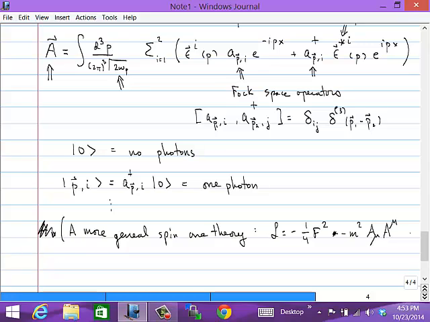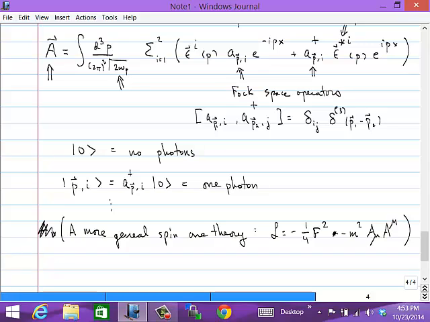If you think about it, the only other term you could write down that is a scalar that's quadratic in the A's would take the form of m squared A squared. And this term gives a mass term to these vector fields. If you went ahead and studied this theory, you would see that it does not have any gauge symmetry. It's not invariant under A_mu going to A_mu plus a total derivative. And so because of that, you'll have 3 degrees of freedom rather than 2 degrees of freedom.